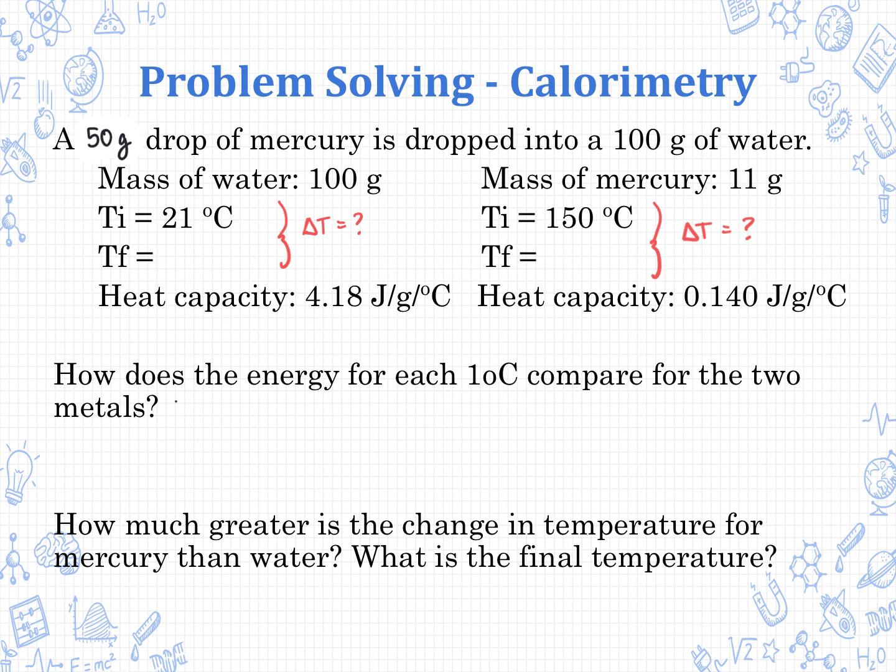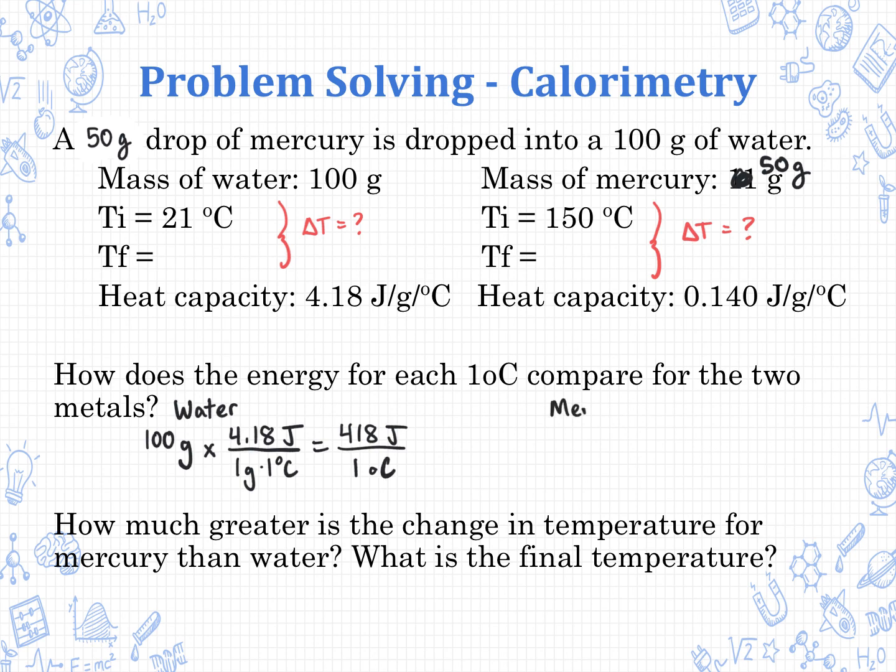So I'm going to look at water. For water, we've got 100 grams. Sorry, I'm changing the mass of mercury. We've got 100 grams of water, and it's going to require 4.18 joules for 1 gram to go up 1 degree Celsius. So the water has available 418 joules for every 1 degree Celsius temperature change.